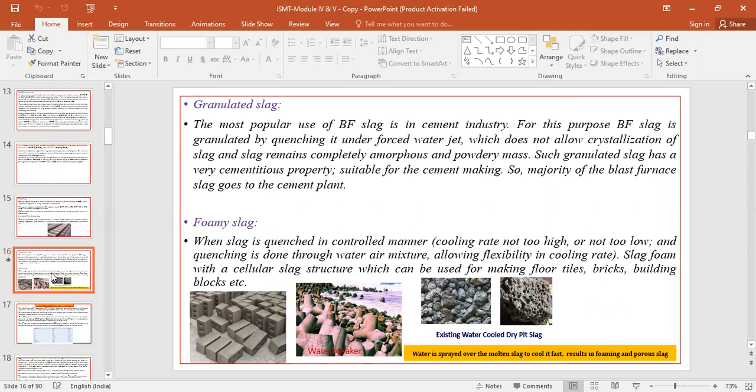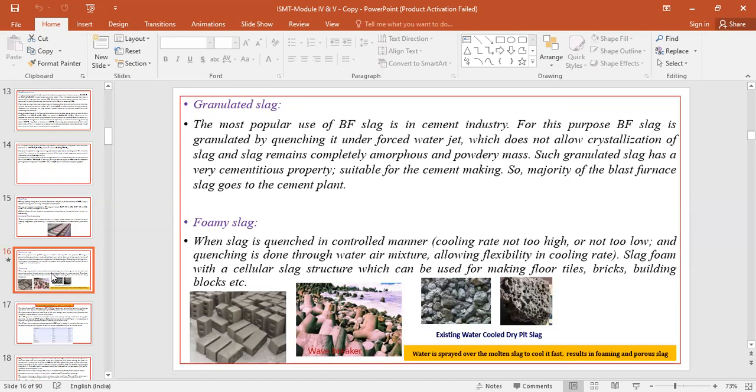Hot metal is further subjected to refining operations, depending upon its composition. Sometimes it can be subjected to external desulfurization. Otherwise, if the composition is okay, it is directly sent for further refining operations in the steel making area. And the slag, whatever is generated, is used for various purposes.